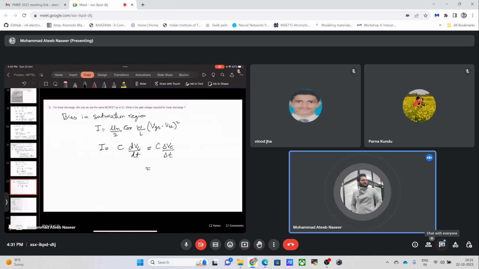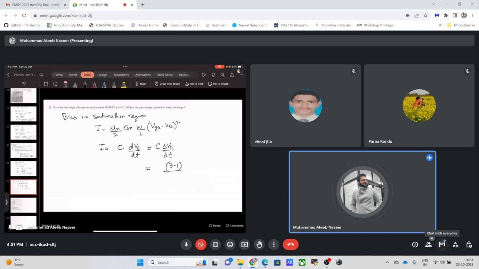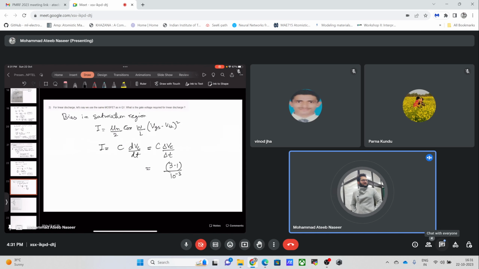Delta Vc will be 3 minus 1, and delta t is 1 millisecond, 10 to the power of minus 3. And the capacitance value is 1 micro.